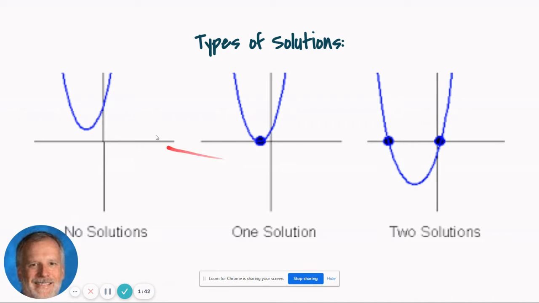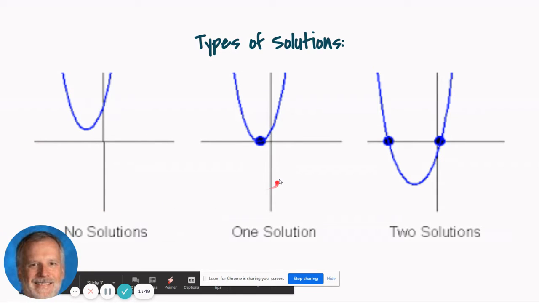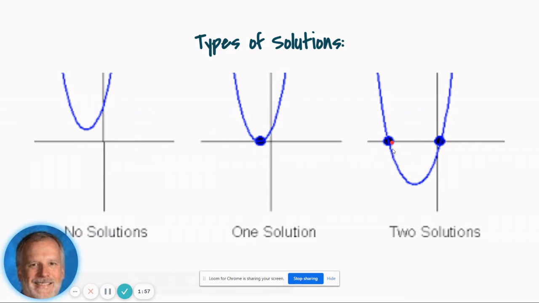Notice that I've got some parabolas here. This parabola doesn't cross the x-axis, and it would have no solution. But this parabola sits on the x-axis, it would have one solution. And this parabola crosses the x-axis here and there. So that's the 2 solutions.